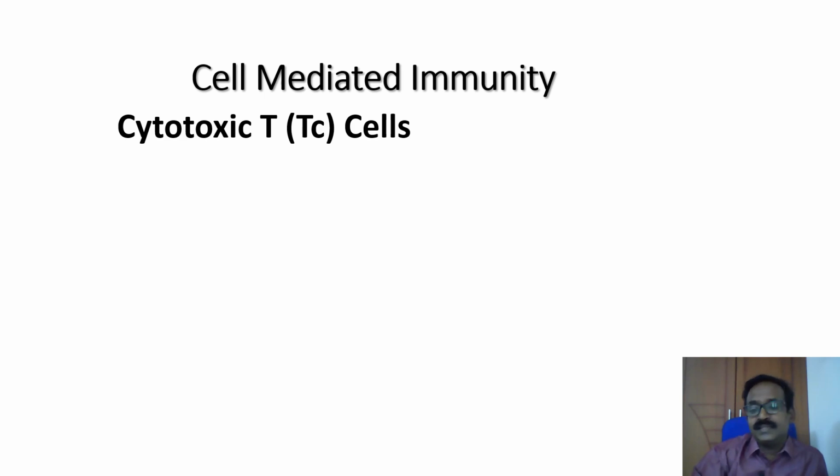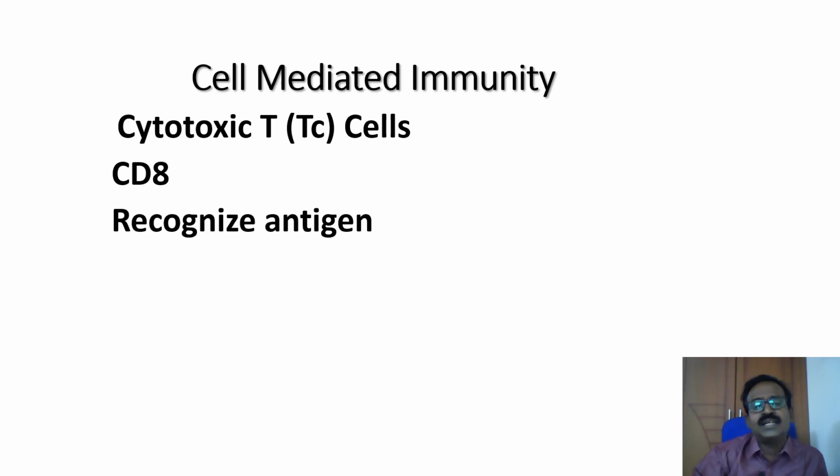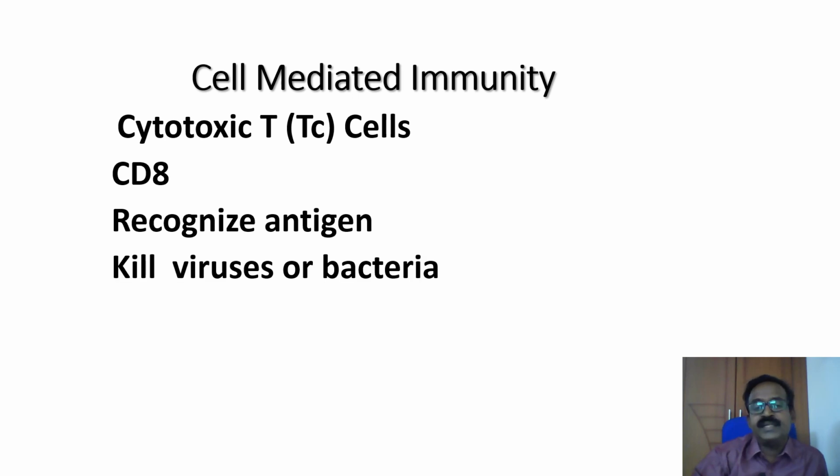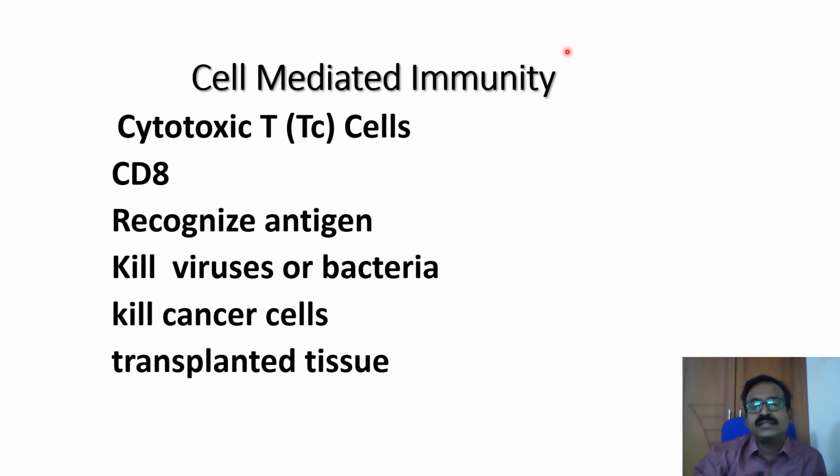Cytotoxic T cell is otherwise called CD8. It recognizes the antigen on the surface of all cells or antigen presenting cells. It kills viruses and bacteria, it recognizes and kills cancer cells, and it recognizes and destroys transplanted tissue.